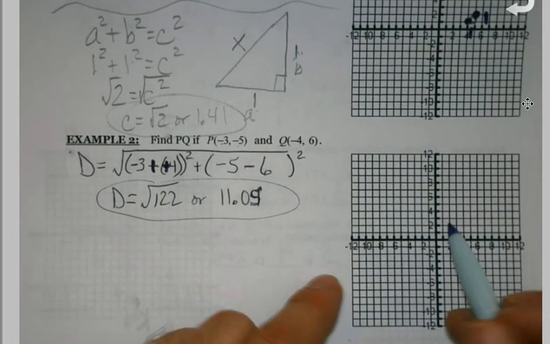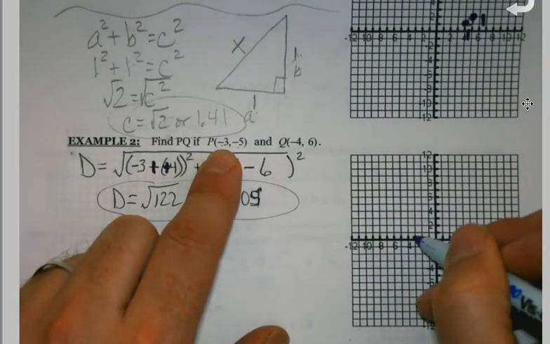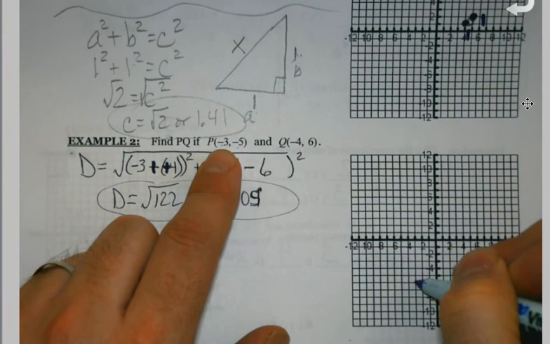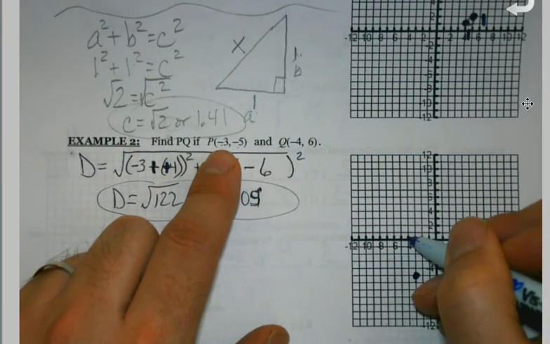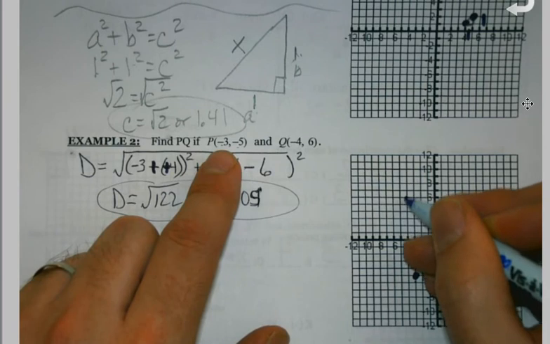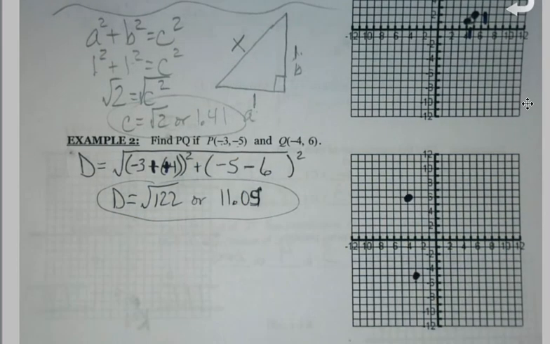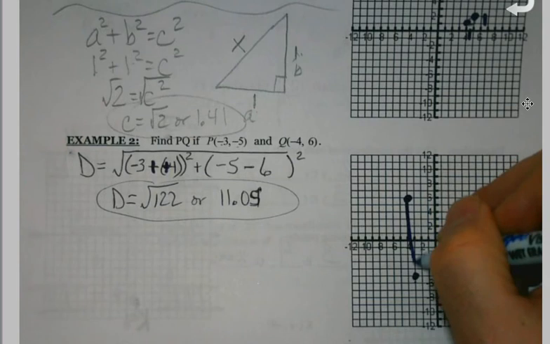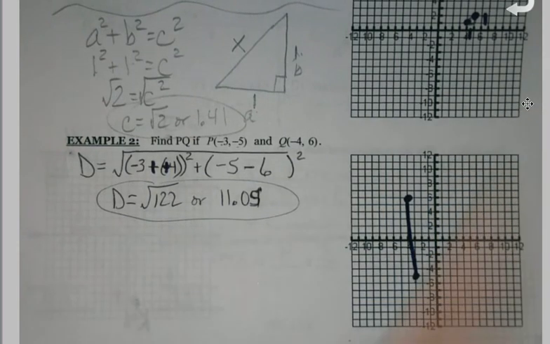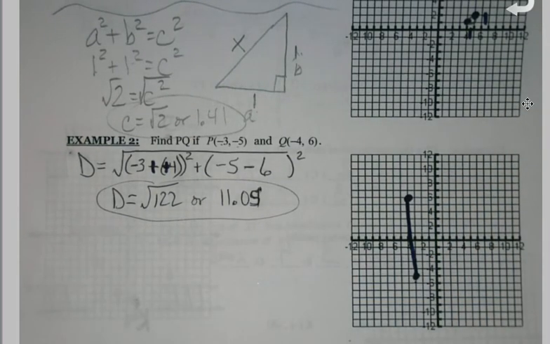So here, if I plot my two points, negative 3 left, negative 5 down, negative 4 over, 6 up. Here's how this would work. I'm trying to find this distance. However, I'm attempting to do that when I grab another color here.